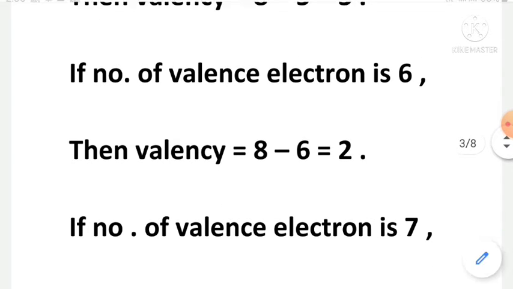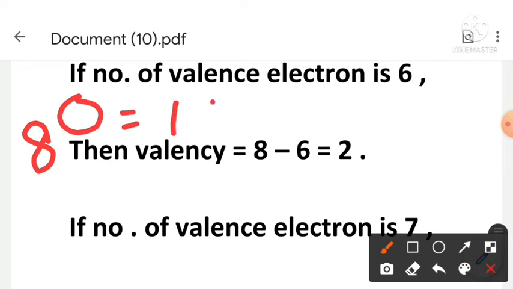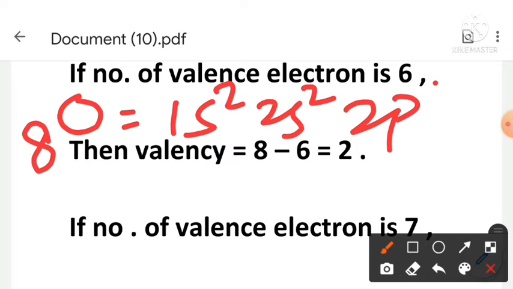Now if the number of valence electrons is 6, then valency by using the octet law is 8 minus 6 is equal to 2. So we take the example of oxygen. We know that Z of oxygen is 8. So 1s2, 2s2, 2p4.